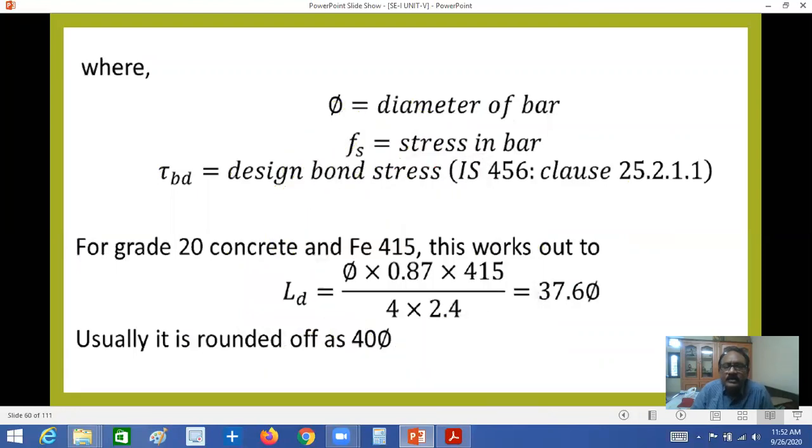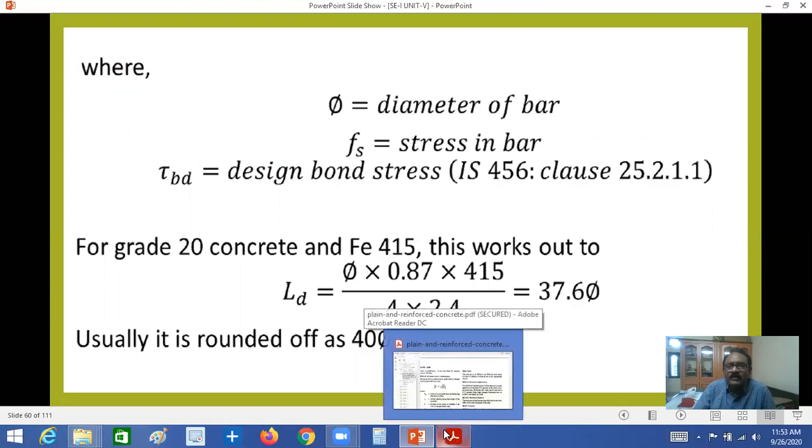Here phi is the diameter of the bar, Fs is the stress in the bar, and tau bd is the design bond stress for M20 concrete and Fe 415. What is the Ld? Suppose we say phi times 0.87 multiplied by 415, divided by 4 multiplied by 2.4. How will you take this?